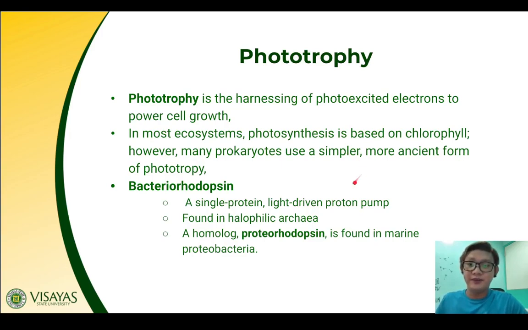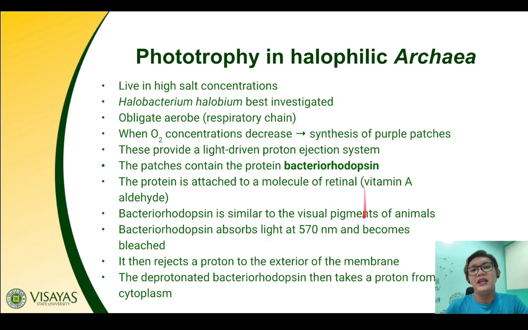Bacteriorhodopsin is a single protein light-driven proton pump that is found in halophilic archaea. The homologue is proteorhodopsin, which is found in marine proteobacteria. Halophilic archaea live in high salt concentrations.